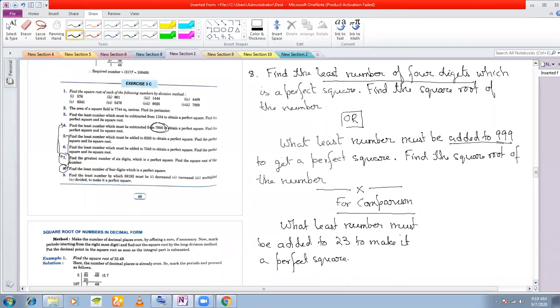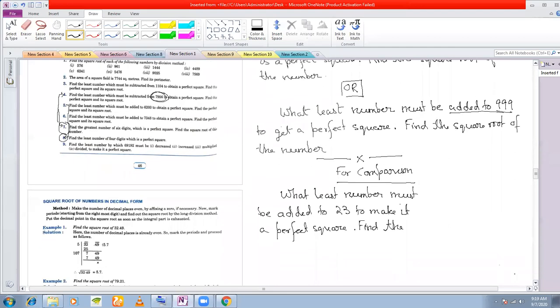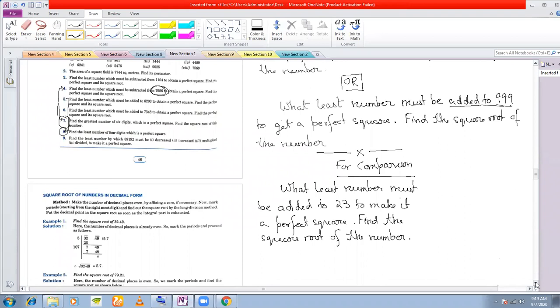And the second part is find the square root of the number. So here by guesswork, can you tell me what least number must be added to 23 to make it a perfect square?